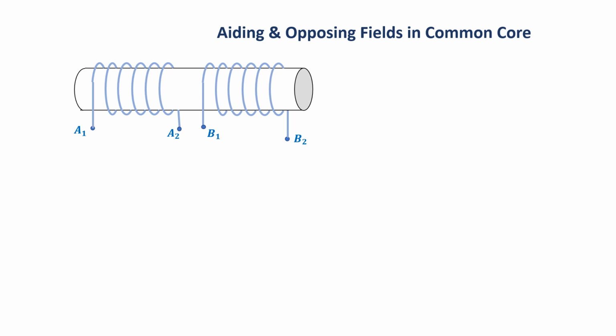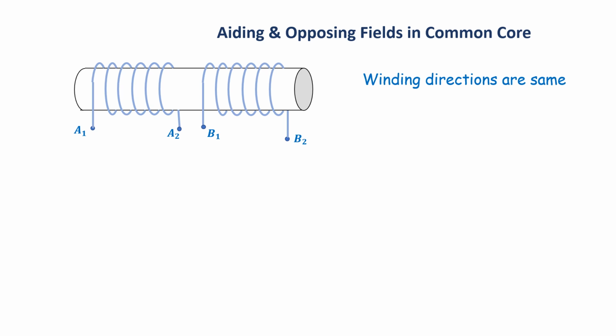You look into the winding direction. Starting from A1, coil 1 is wound from front to back. Coil 2 also is wound from B1 from front to back. The winding directions are same.